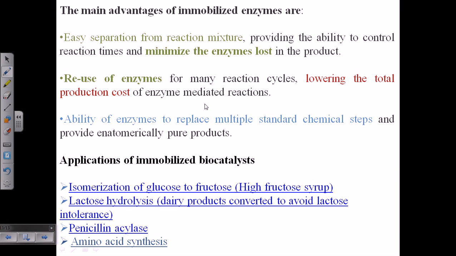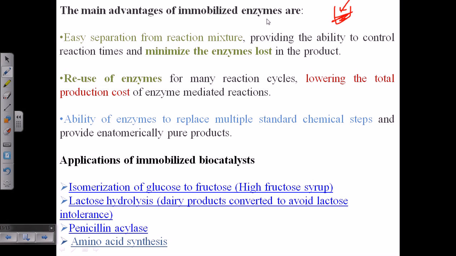Now the last point, the main advantages of immobilized enzymes. Three advantages are there. One is easy separation from the reaction mixture, because if we take enzymes just in the reaction mixture, we need to purify it and extract the enzyme out of it. It is very difficult. But if we immobilize it into a solid matrix, it is much easier to take the liquid from the solid and extract the solid from the liquid, right?